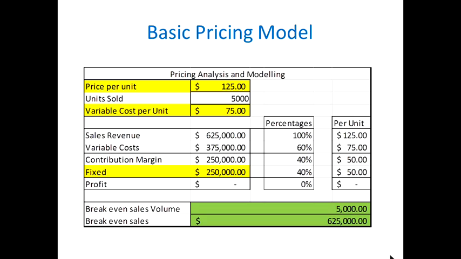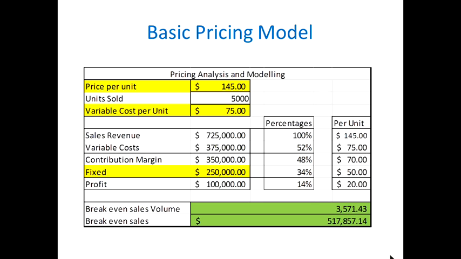It is showing a profit of zero, because we have sales revenue of $625,000, our variable cost is $375,000, which is the multiple of the 5,000 times the 75, and we have our fixed cost of $250,000, which shows a profit of zero. That's the break-even sales volume in the green that I'm showing you. This is just a little Excel spreadsheet that I have set up to be able to do this. Let's go to the next slide.